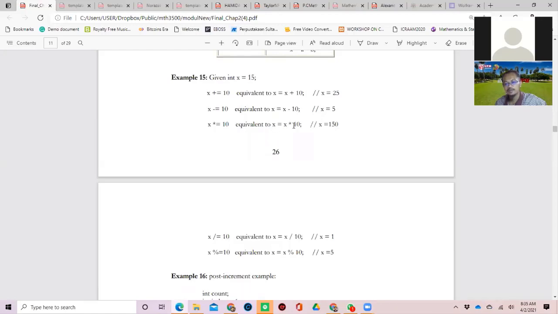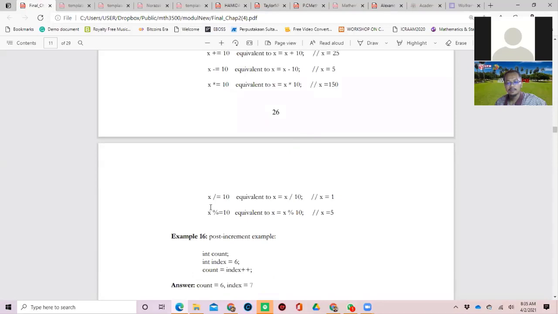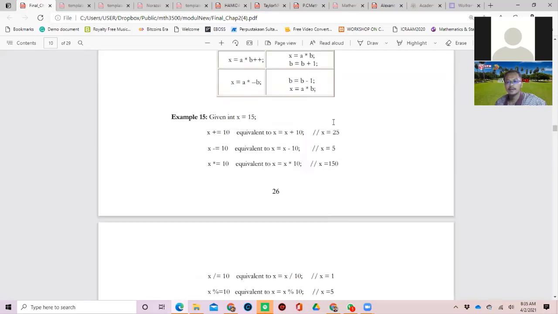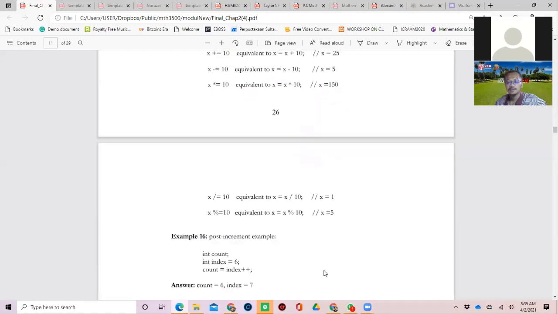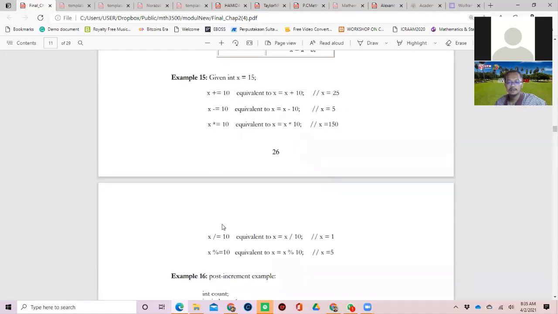We just convert it very simple, straightforward. And if x divide equal to 10, this one is equivalent to x equal to x divided by 10, and x modulo equal to 10 is equivalent to x equal to x modulus 10. Okay, so at the right here is the result of all these operators.